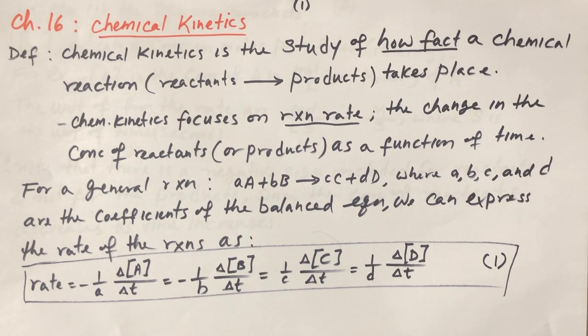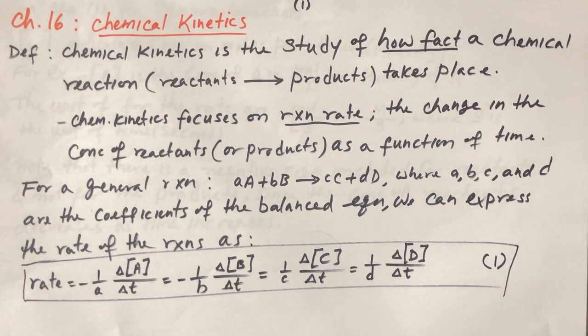So there's a direct relationship between the change in time and the change in concentration. However, for the reactant side, as delta T increases, delta A falls, the change in concentration decreases. So there's an inverse relation between the time and the concentration of the reactant. And that inverse relationship is expressed as a negative sign in front of that coefficient.